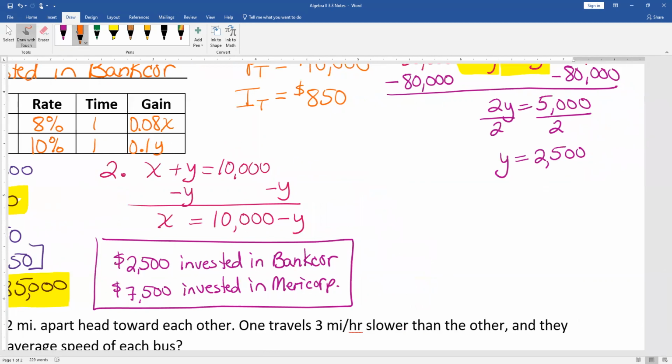So to prove it, we take our x. Step 4, I think. x plus y equals 10,000. So I'm solving for x now. I know that y was 2,500. And so, wait, no, that didn't work. Gotta get my signs right.